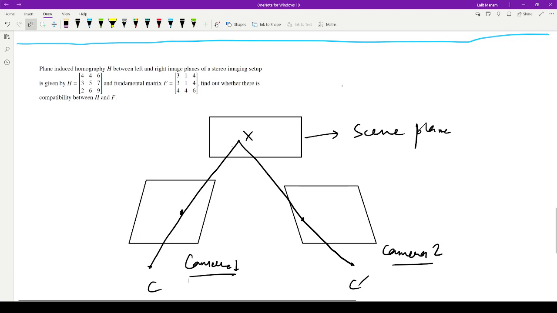Any idea? What do you mean by compatibility?